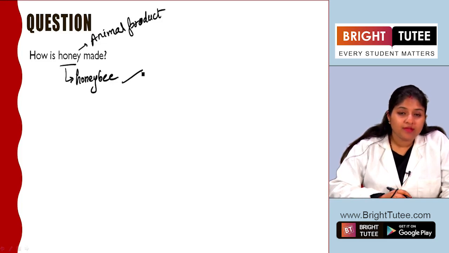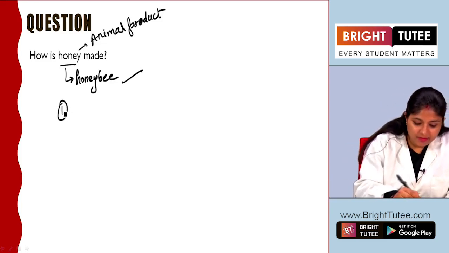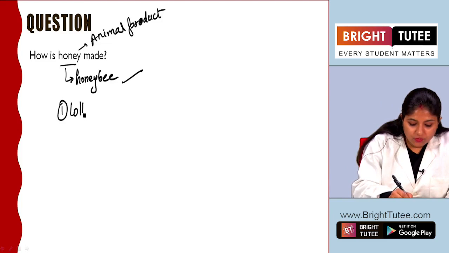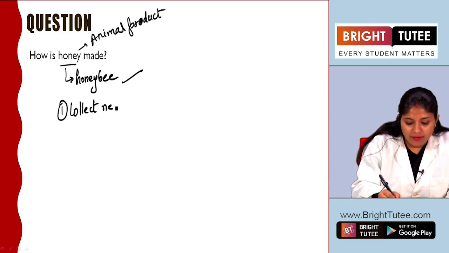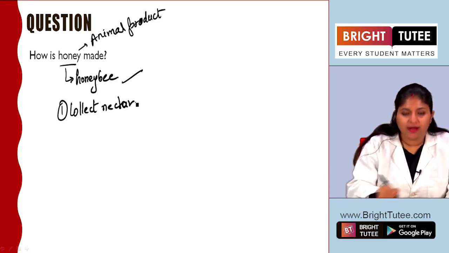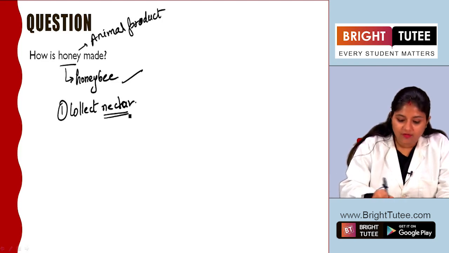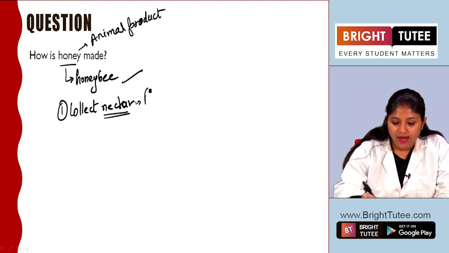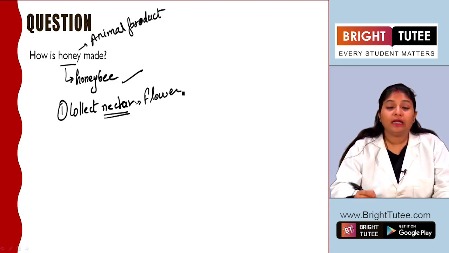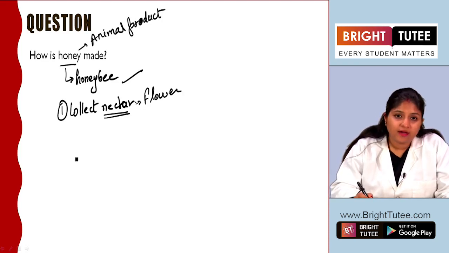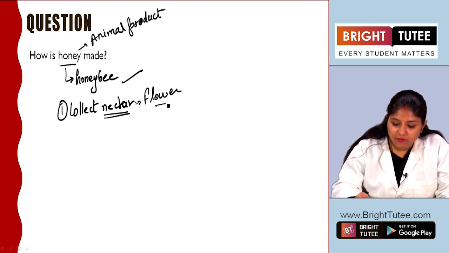The first step is that the honey bees collect nectar from the flowers which are nearby, right? Nectar is a sweet smelling liquid present in the flower, which is used to attract the bees. This nectar is collected by the bees from the flower.